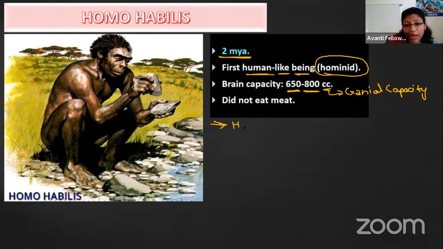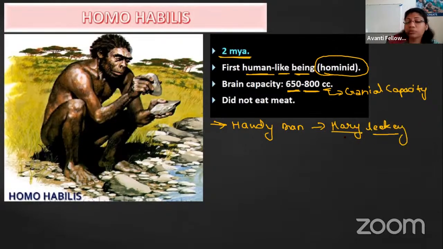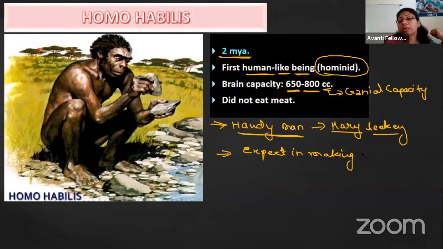And it was found that they were the first handyman, discovered by Mary Leakey. Mary Leakey was the first person who discovered them, and they called him the handyman because they were expert in making stone weapons, or we can say stone tools.